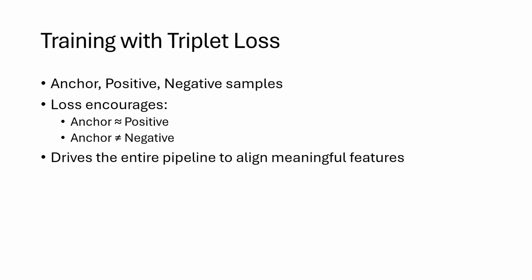So if they're both the same, but maybe the backgrounds are different, or maybe if we're just talking about me, maybe I have a beard in one picture, no beard in another, then it would be in the positive space. However, if it's a totally different person, then it would be a negative value. So this drives our entire pipeline to make sure that the facial recognition model aligns meaningful features.